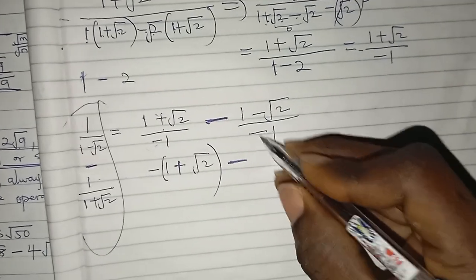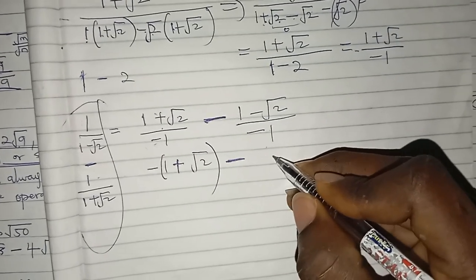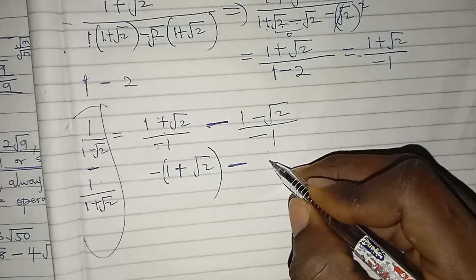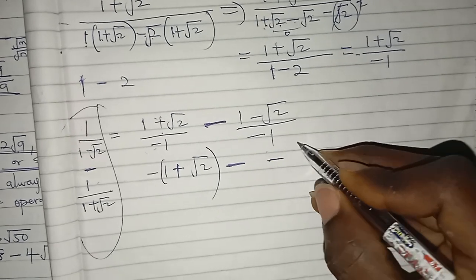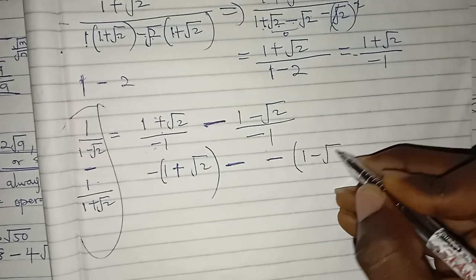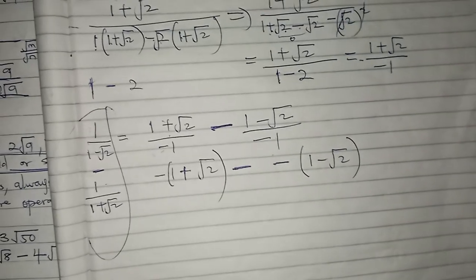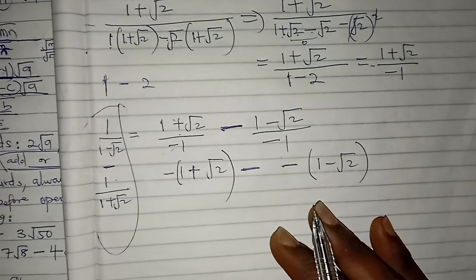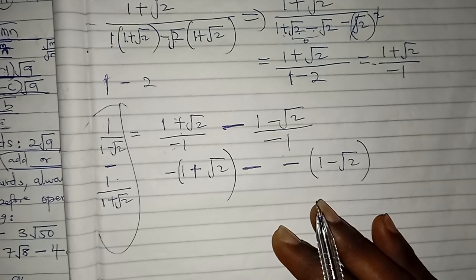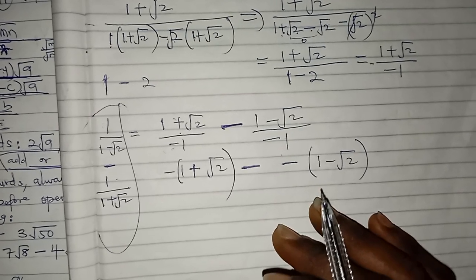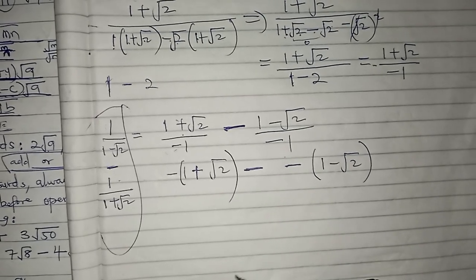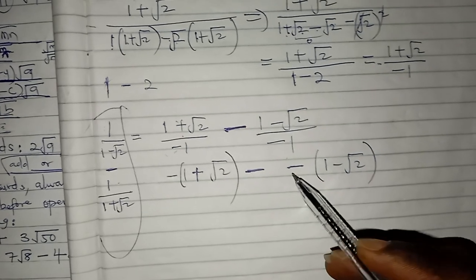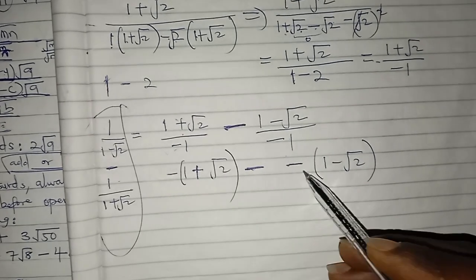Plus, so this one now will be the sentence as saying minus 1 minus root 2. So I have minus.